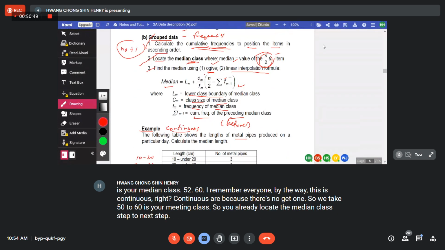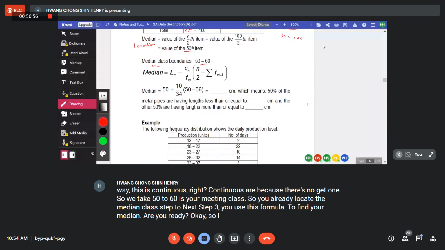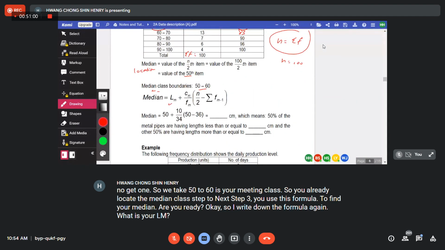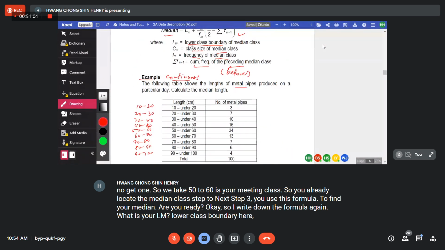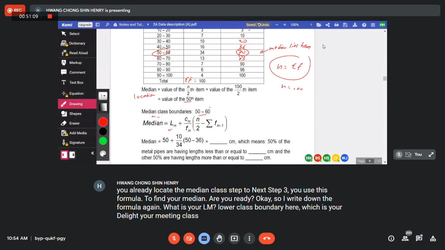Next, step 3, you use this formula to find your median. Are you ready? Okay, so I write down the formula again. What is your LM? Lower class boundary here, which is your 50, right? Your median class is 50 to 60. This is lower, this is upper.